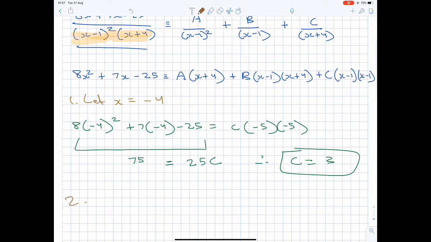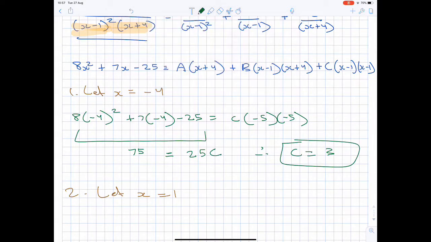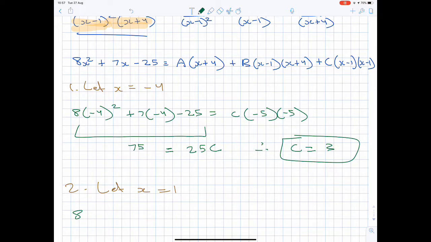Now for our second letter, I'm going to sub in 1 so that we can eliminate B and C and hence find A. So let x equals 1. Left hand side, that's going to be 8 times 1 squared plus 7 times 1 minus 25.